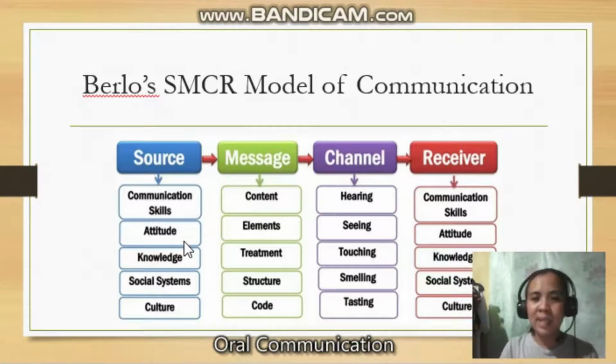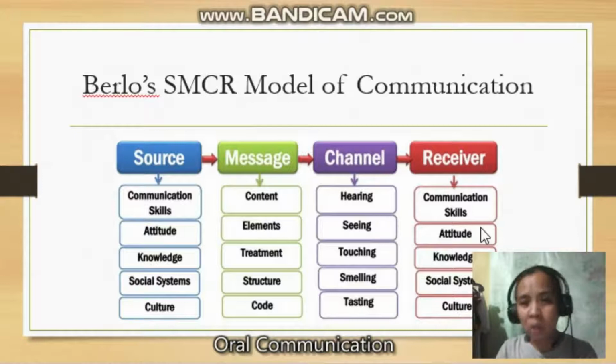The second would be attitude. The attitude of the sender and also the receiver creates the effect of the message. The attitude of a person towards himself or the receiver, or the environmental changes, will affect the meaning of the message.